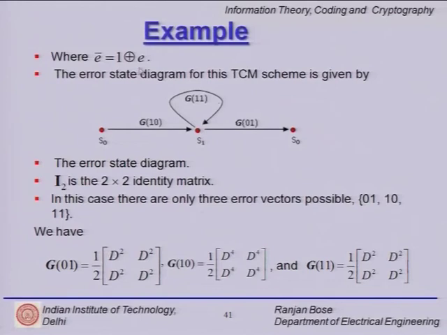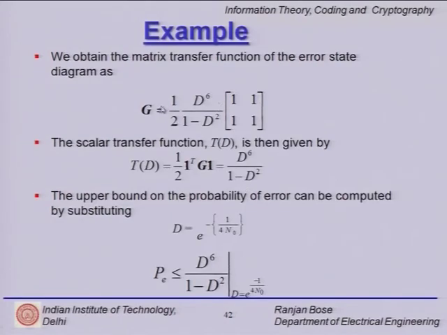So, finally, if you follow the steps, we have these 3 matrices G 0 1, G 1 0, G 1 1 in terms of this D, and very quickly we can calculate this scalar transfer function T(D), and it comes out as D squared times D raised to power 6 over 1 minus D squared.